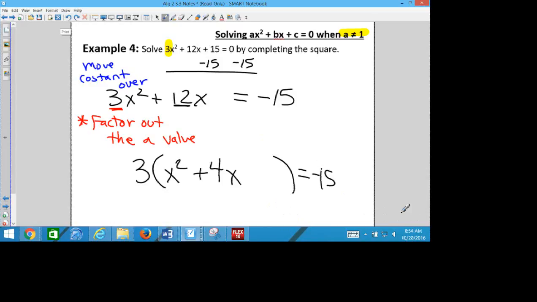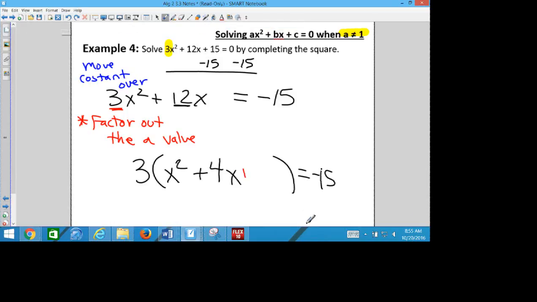Why did I leave a space? You know what? It's okay if you don't. I'll show you. But what we did is we reviewed factoring last chapter. We're just taking out the 3 from both of those. The 15 did not get affected because we moved it to the other side.